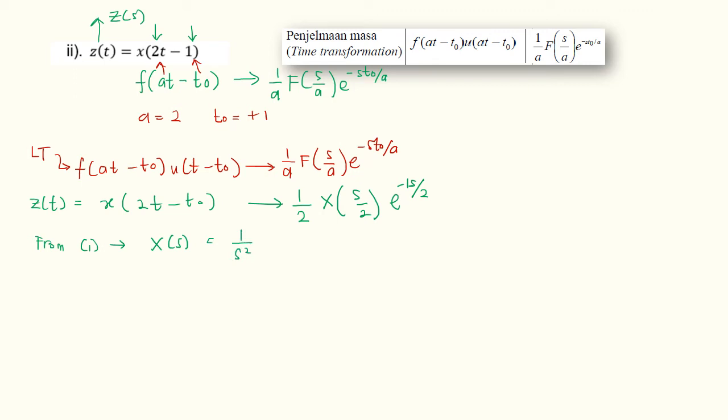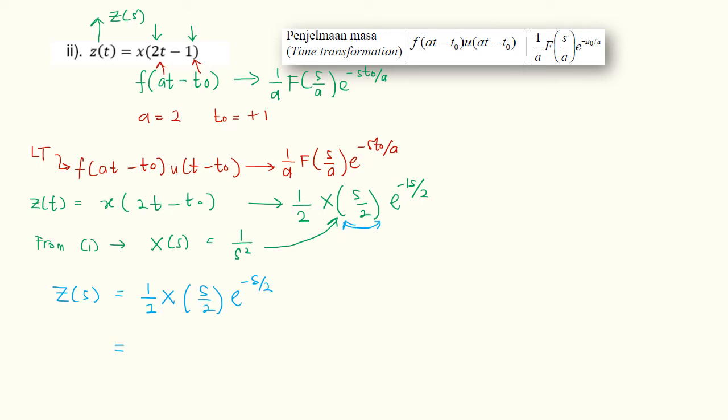Now you need to replace X(s) into this equation, but take note that all s for X must be divided by 2. Therefore, your Z(s) equal to 1 over 2 X(s over 2) multiplied with e to the minus s over 2.